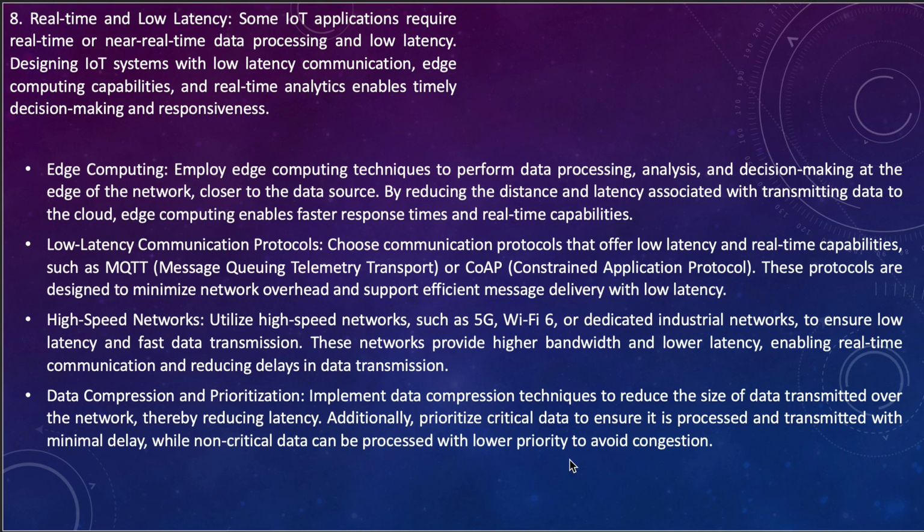Data compression and prioritization: implement data compression techniques to reduce the size of data transmitted over the network, thereby reducing latency. Additionally, prioritize critical data to ensure it is processed and transmitted with minimal delay, while non-critical data can be processed with low priority to avoid congestion.